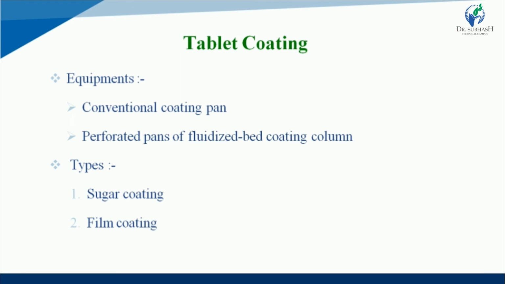Both are types of coating and we already discussed what sugar coating and film coating are. Advantages of coating is taste masking purpose. That is the main advantage of coating. Another type of coating is enteric coating, which is useful for targeted drug delivery.